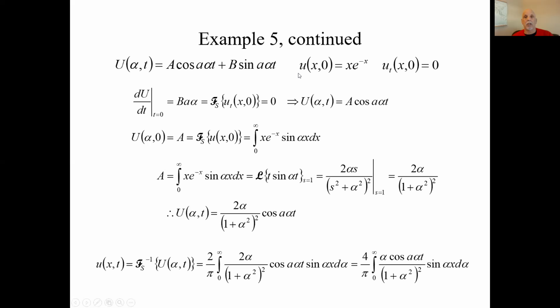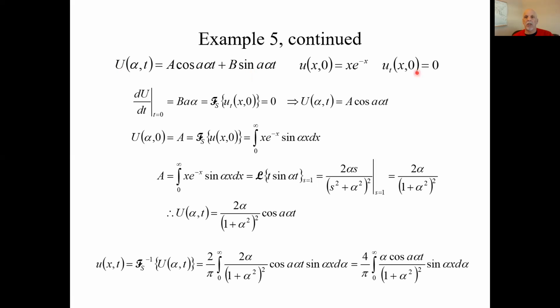Here's where we stood, and here's the remaining boundary conditions. I like 0 conditions. They're usually easier to figure out. So let's look at this one first. We can take the Fourier transform of this and evaluate the derivative with respect to t. It's big U with respect to t.